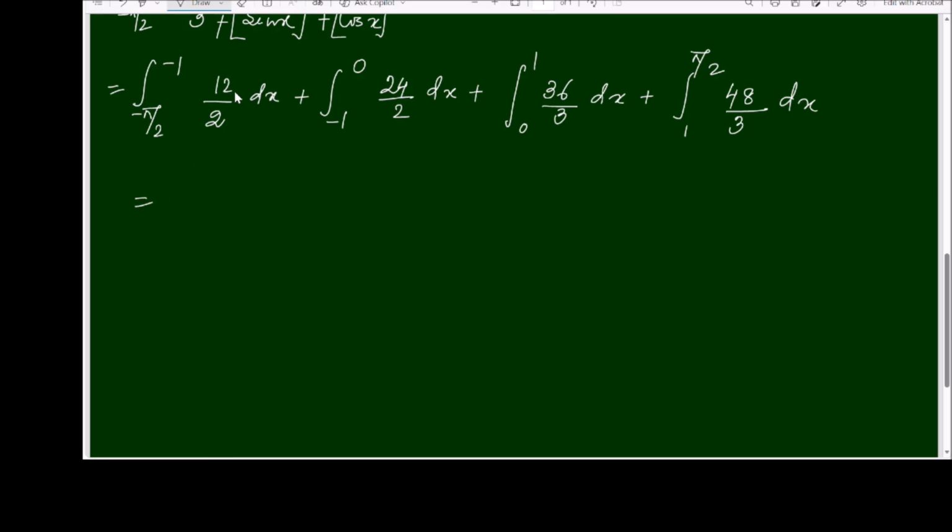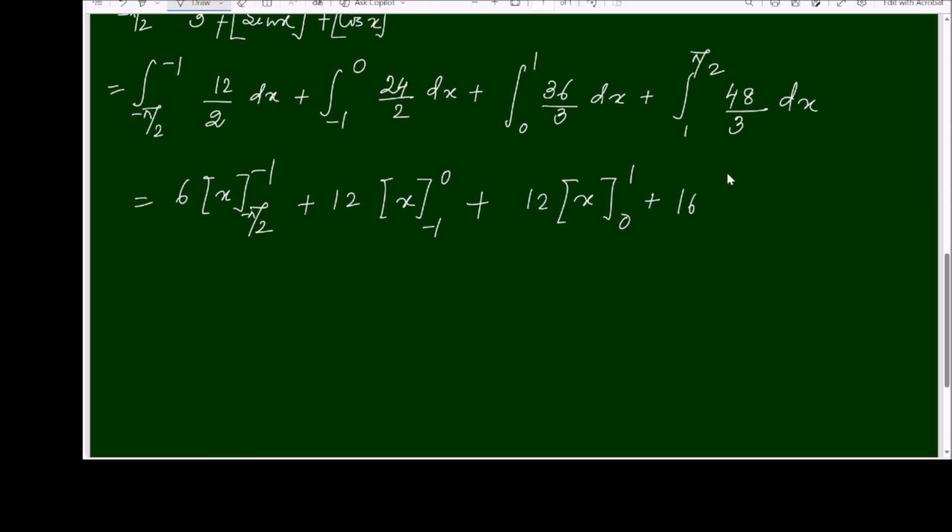So it will be 6 into x from minus pi by 2 to minus 1, plus 12 into x from minus 1 to 0, plus 12 into x from 0 to 1, plus 16 into x from 1 to pi by 2.